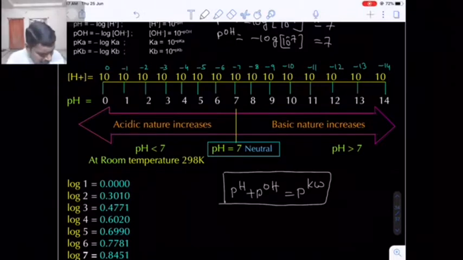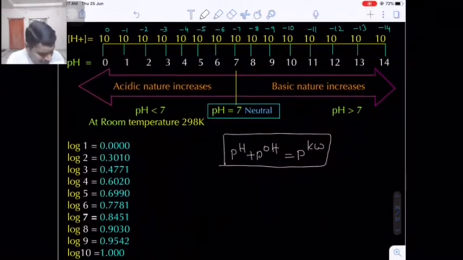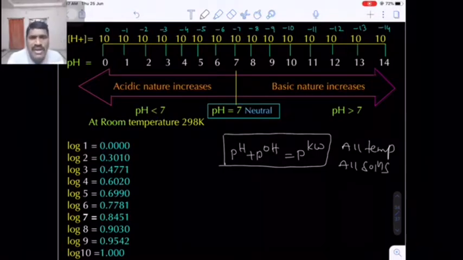And it is valid for any temperature, that is, all temperatures. pH plus pOH is equal to pKw is valid for all temperatures, number 1. And it is also valid for all solutions, that is acidic solution, basic solutions, even pure water.